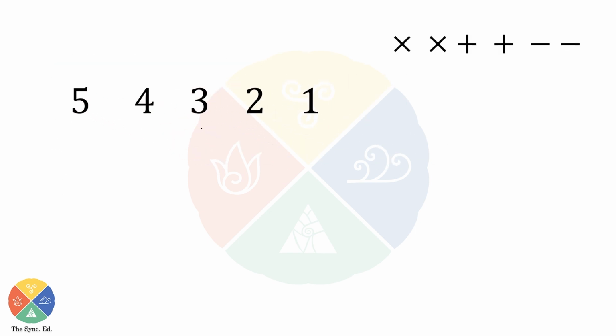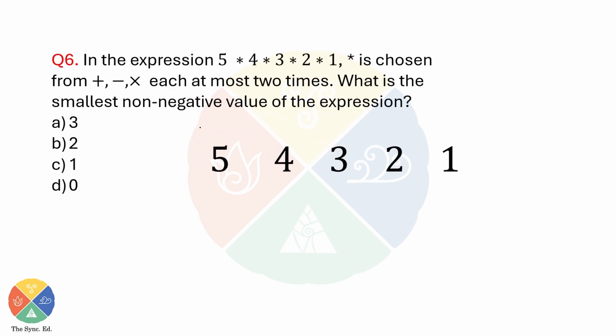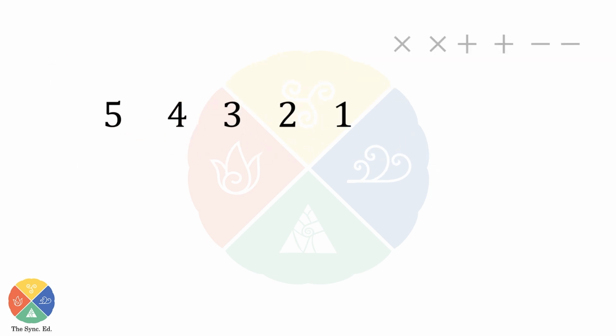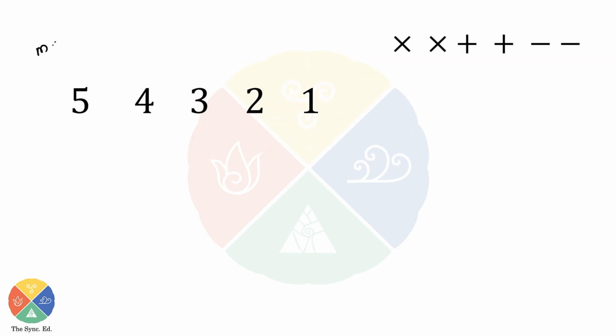Okay, so let's take it in smaller steps. Instead of directly going to the smallest non-negative value, I want you guys to first find the maximum possible value in such a way that addition, subtraction and multiplication can only be used at most 2 times.